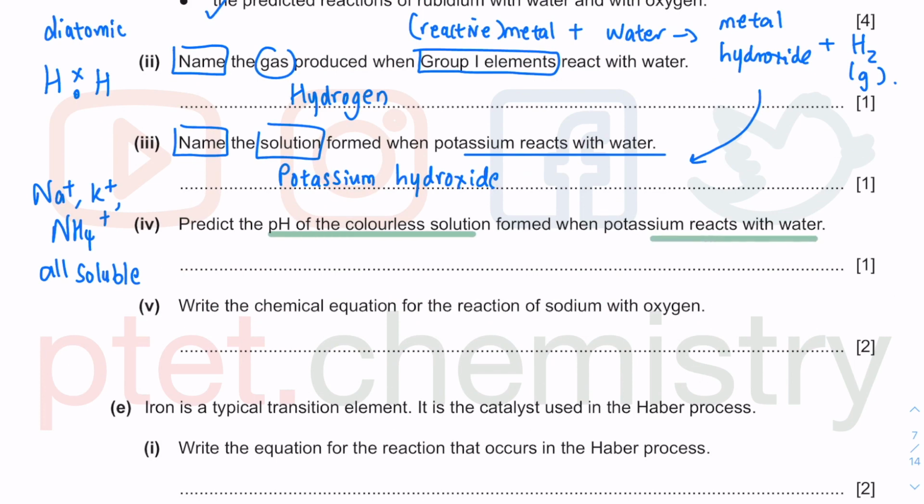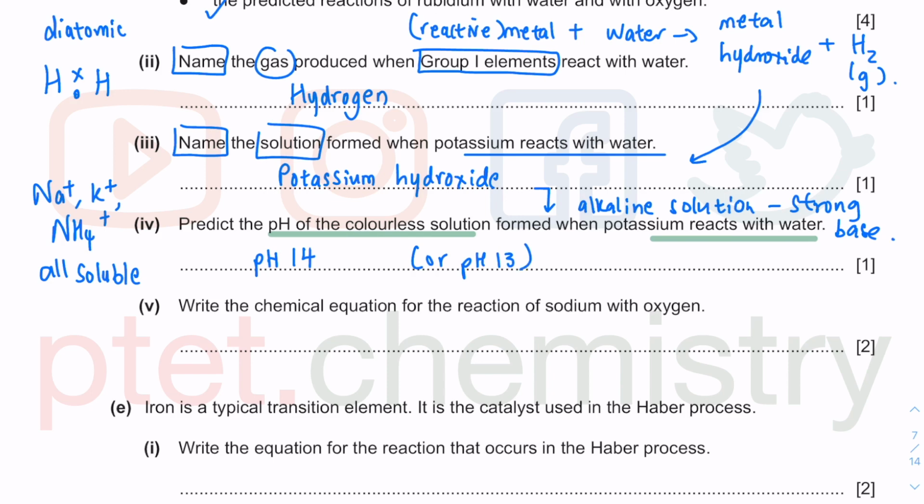When potassium reacts with water, they are called alkali metals because potassium hydroxide is very soluble. You call it an alkaline solution. You also have a strong base as they are very soluble in water, so they dissociate completely in water to give you OH minus. This will be pH 14 or pH 13. That will be acceptable as well. 12 is a bit low already.